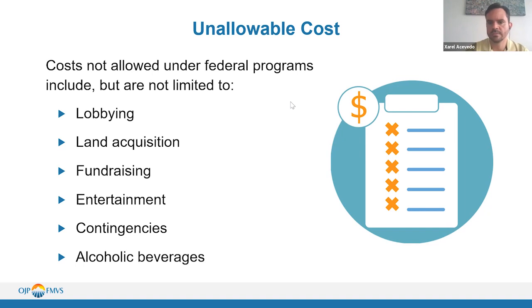Careful. We talked about entertainment when it's within the nature of the program. It could be, okay? Contingency, same thing. Generally not. But I think I gave an example of construction. It could be, again, nature of the program, but usually not. And then alcoholic beverages, same thing. Maybe it's an investigation, okay, nature of the program. But in general terms, they're unallowed, okay?